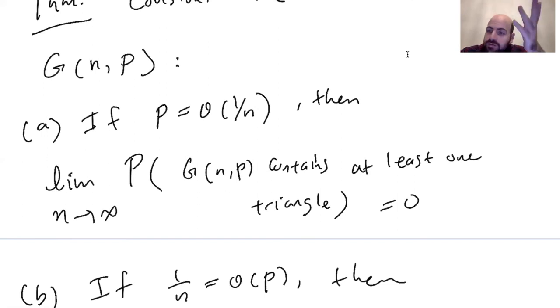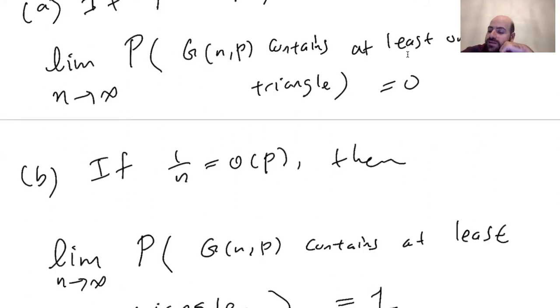In our notation and terminology, this means that asymptotically almost surely G of n and p contains no triangle. Almost surely because the probability is 0, asymptotically because n goes to infinity.